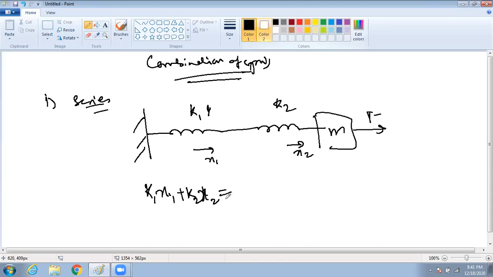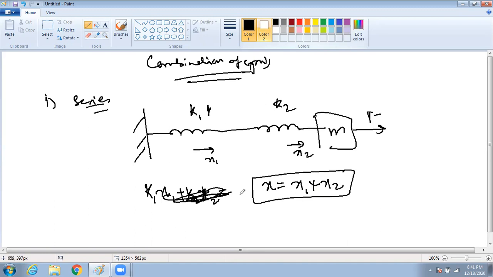Yes or no? The same amount of force is getting applied on this also and on this also. That means the applied force is equal to K1 X1, which is equal to K2 X2.